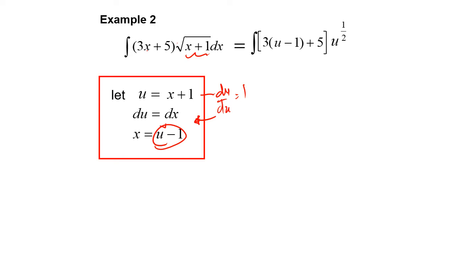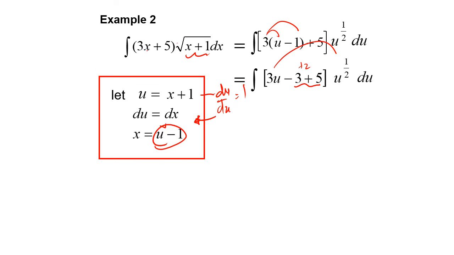And then the square root of x plus 1 is u to the power of 1 over 2, and dx is equal to du. Then after that, what can we do? Everything inside the bracket here, we can expand: 3u minus 3 plus 5, multiplied by u to the power of 1 over 2 with respect to u. And this will be 3u plus 2. Then we can expand again and apply the rules of indices.